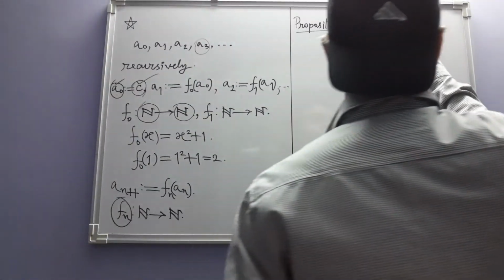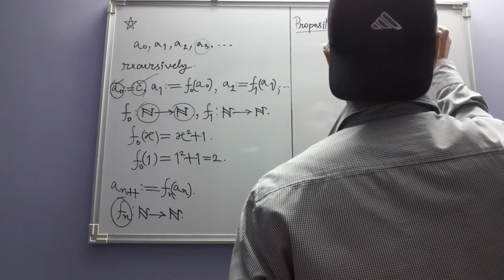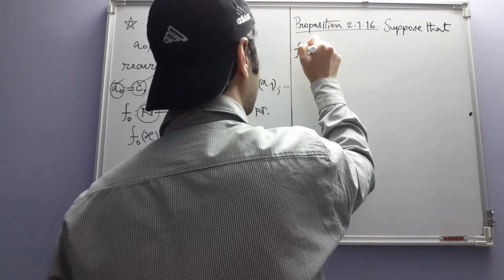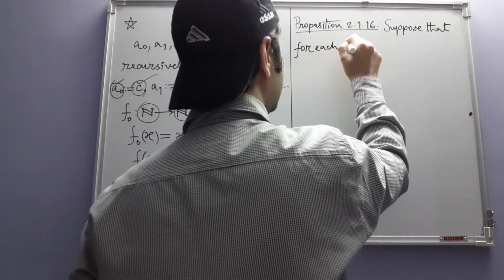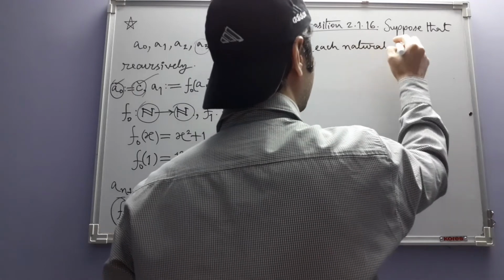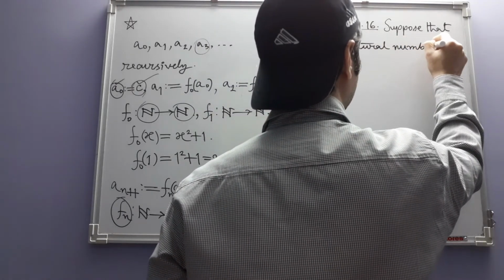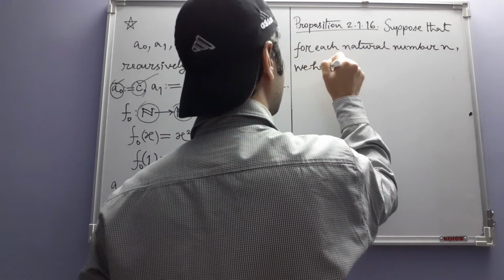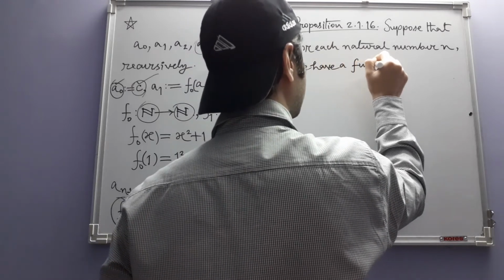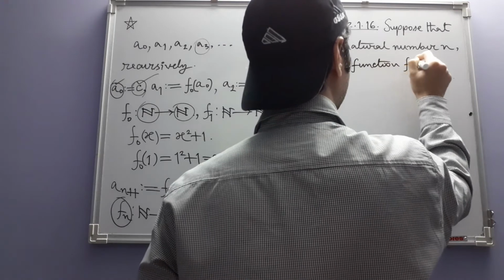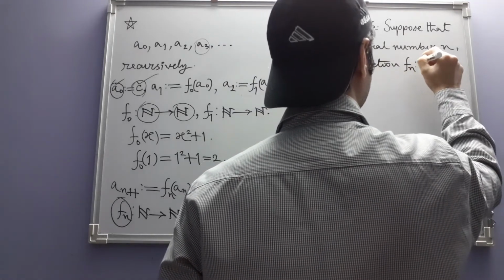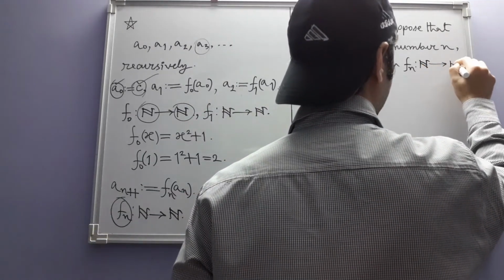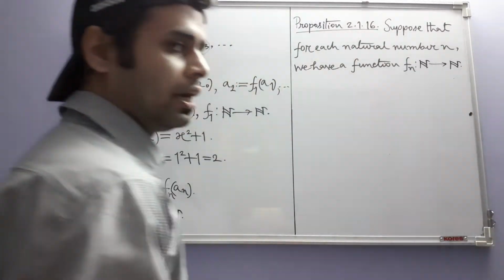So suppose that for each natural number n, we have a function fn which has the set of natural numbers as its domain and maps into N itself.